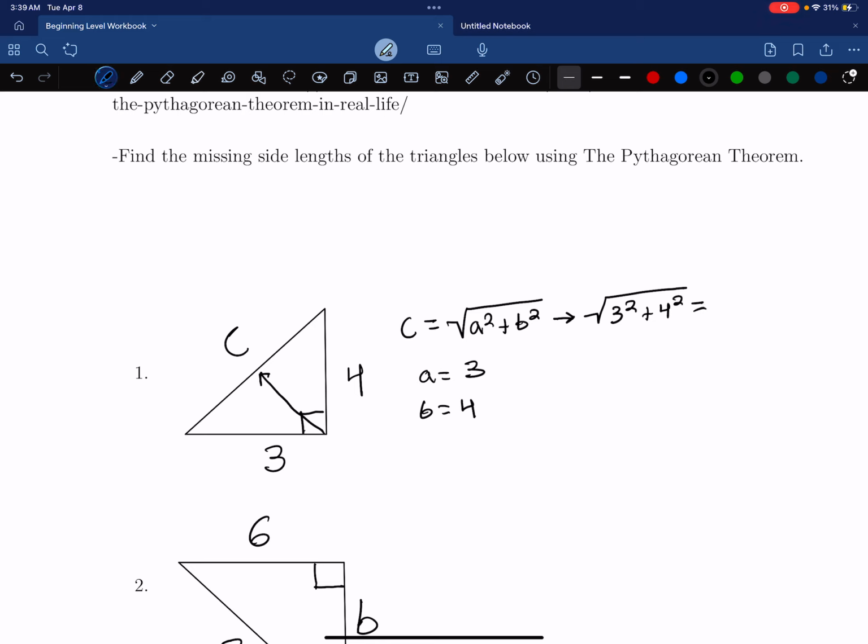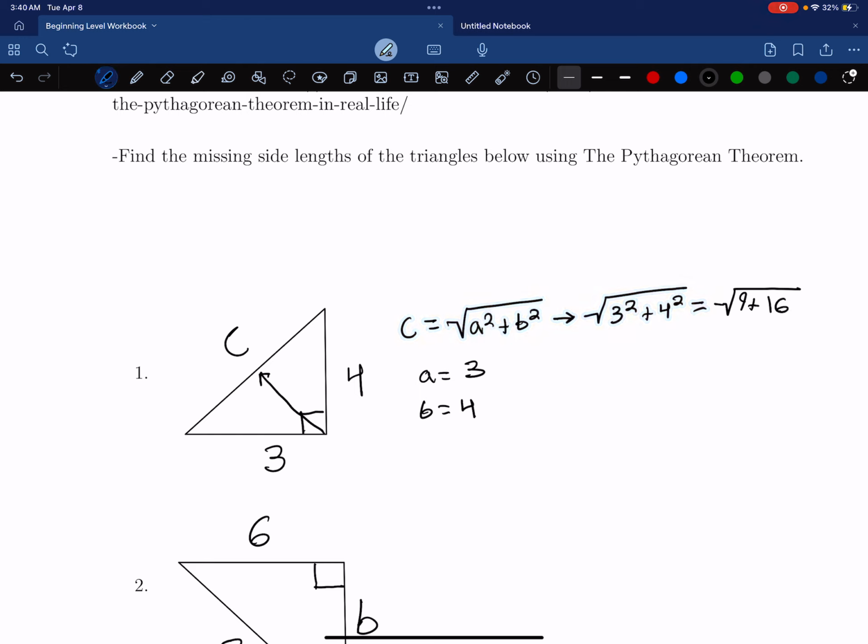Whenever you are working with square roots, and you have operations to do inside of them, you can think of a square root as an imaginary set of parentheses. So we are going to simplify everything that's under here first before we take the square root. So we're going to do 3 squared, which is 9, and then 4 squared, which is 16.